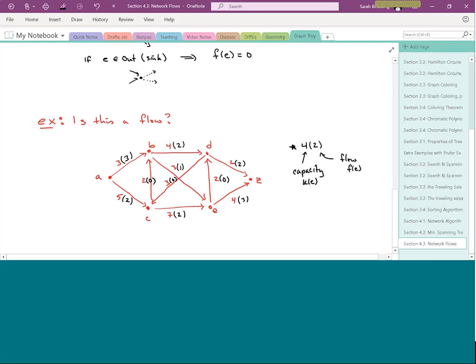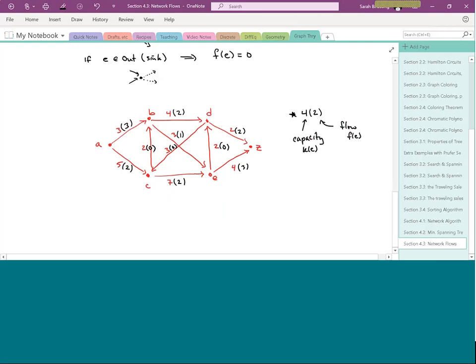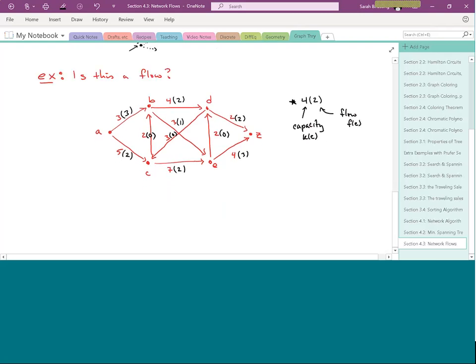Okay. So in order to check to see if it is a flow, there are two things you check. One is specific to not the source and not the sink, and the other one is specific to the source and sink. So our source here is A. Our sink here is Z. The first initial thing is everything leaving the source and everything coming into the sink has to be the same amount or it's not going to be a flow.